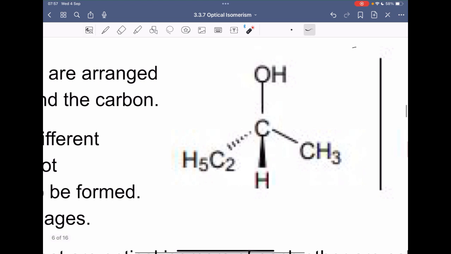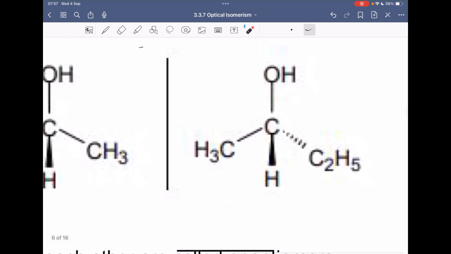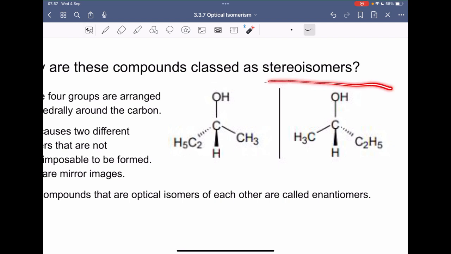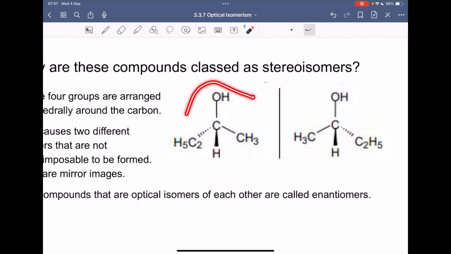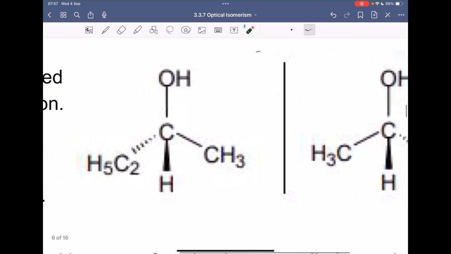So you can have something like this, or you can have something like this, and these two compounds have a different orientation. Now this whole thing is really important, because in an exam they'll sometimes give you one enantiomer like this, and then they'll ask you to draw the other enantiomer. So what you do is you draw the mirror line there, and then you just draw the mirror image of it, okay?